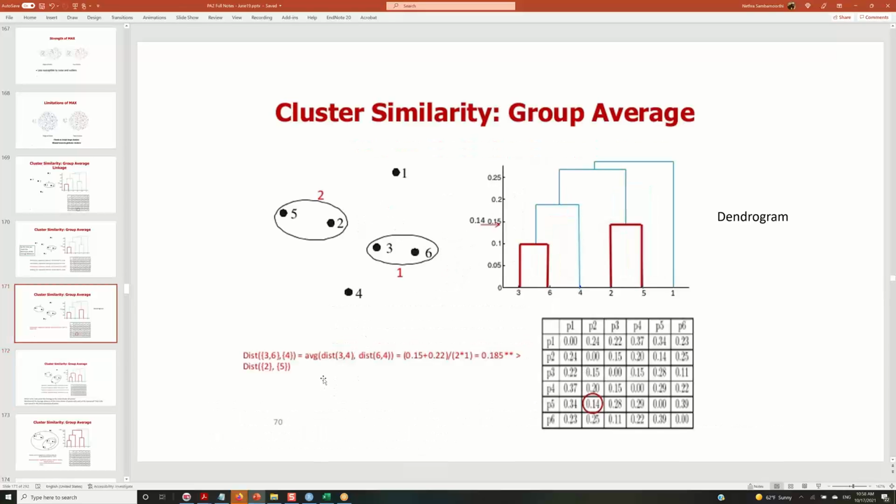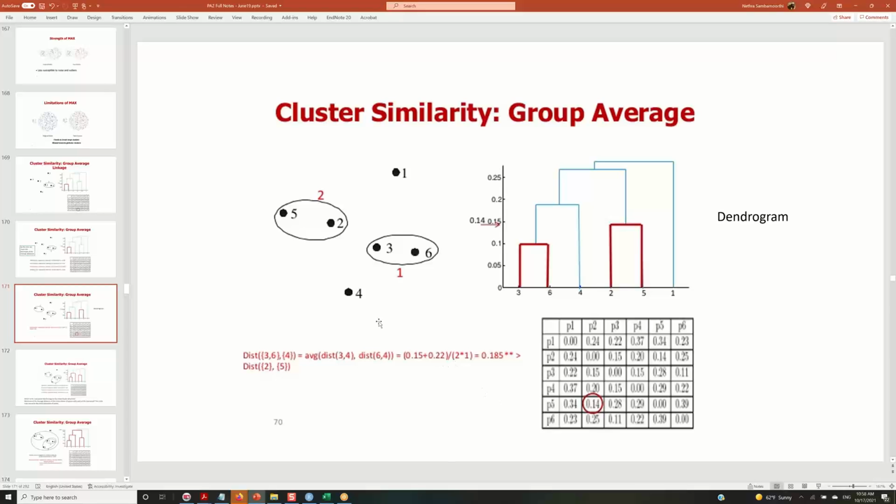So let's calculate this one. This distance, 3, we have to check it out at each of the points, right? What is the average distance? So the distance between 3 and 4 is this, 0.15. That's what this one is, right? And then distance between 6 and 4 is 0.22.